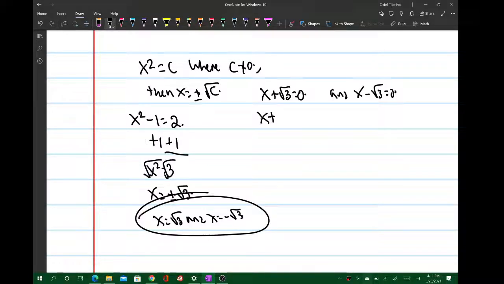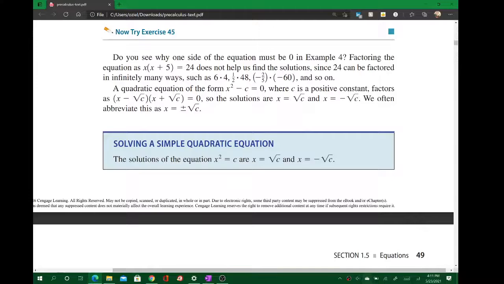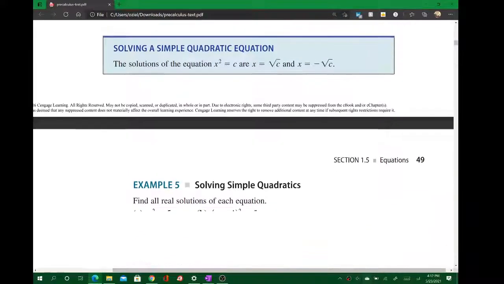They factored it like this. That's why over here you see x minus square root c times x plus square root c equals 0. And the solutions are x equals square root c and x equals negative square root c. And then it says we often abbreviate this as plus or minus square root c, right?